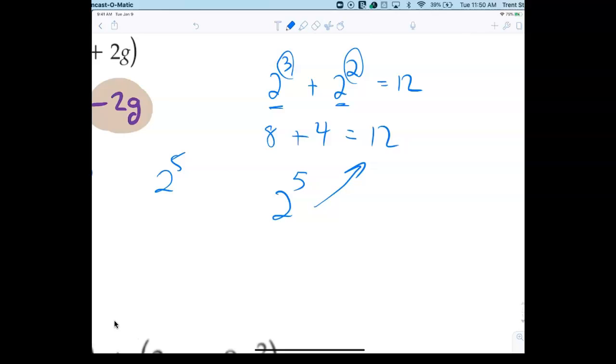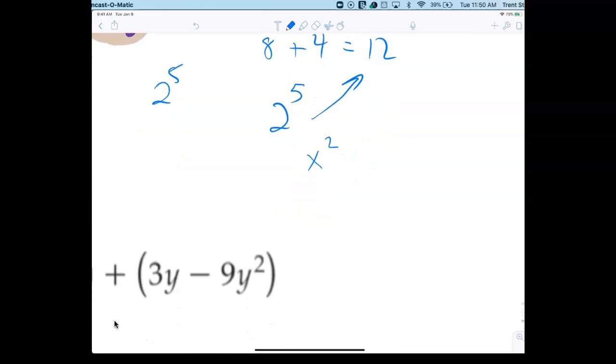So if I said what is x squared plus x, that's the answer. You agree with me? If I said what's x squared plus x squared, everybody would say that's 2x squared. That's right.